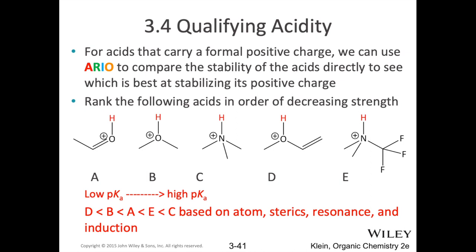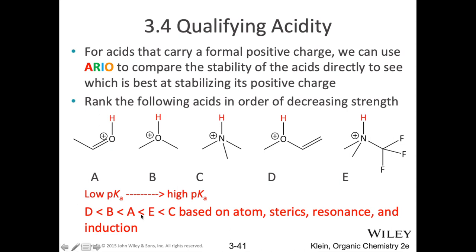So it makes sense that A, B, and D will be more acidic than C and E, because A, B, and D will be less stable than the nitrogens in C and E at stabilizing that positive charge.